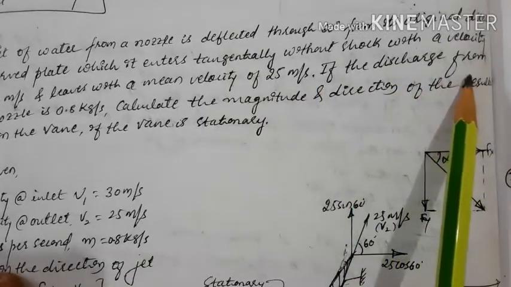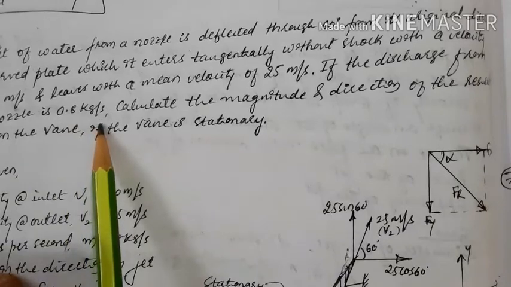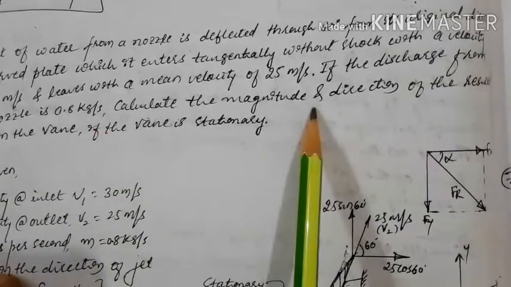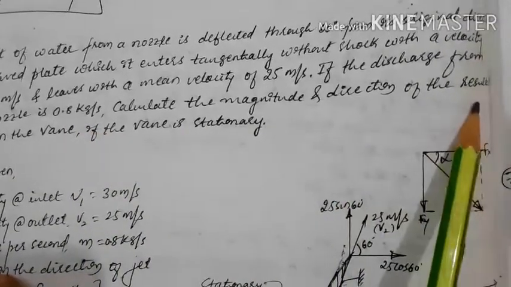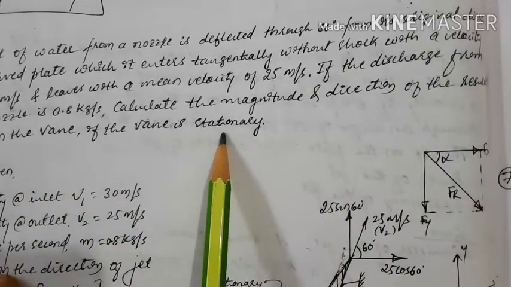If the discharge from the nozzle is 0.8 kg per second, calculate the magnitude and direction of the resultant force on the vane if the vane is stationary.